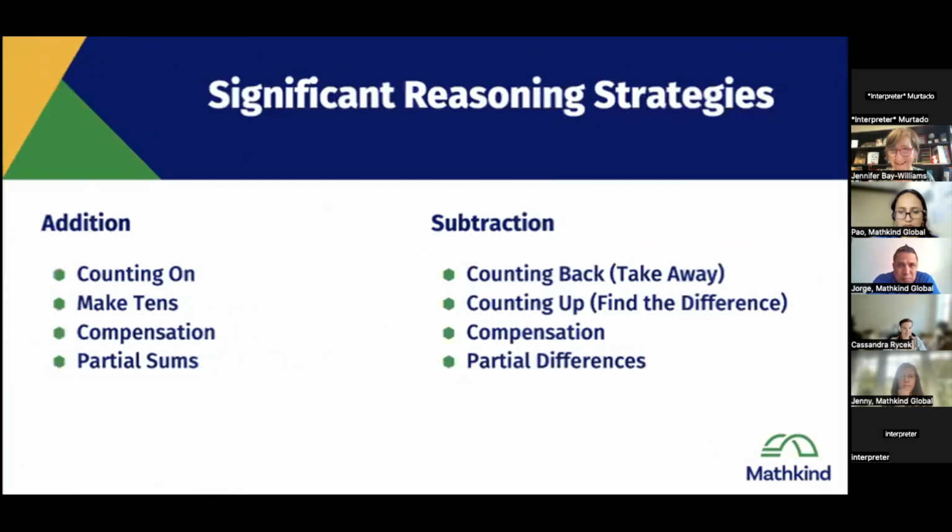So you saw strategies where a person started with, say, 48 and then added on 40 and then a little bit more. That's a counting on strategy. Make tens, that's when someone moved maybe 1 over to the 49 to think of it as 50 plus 47. That's a make tens strategy. Compensation, that was the people that added 48 plus 49 and said 100 and then take 3 away.